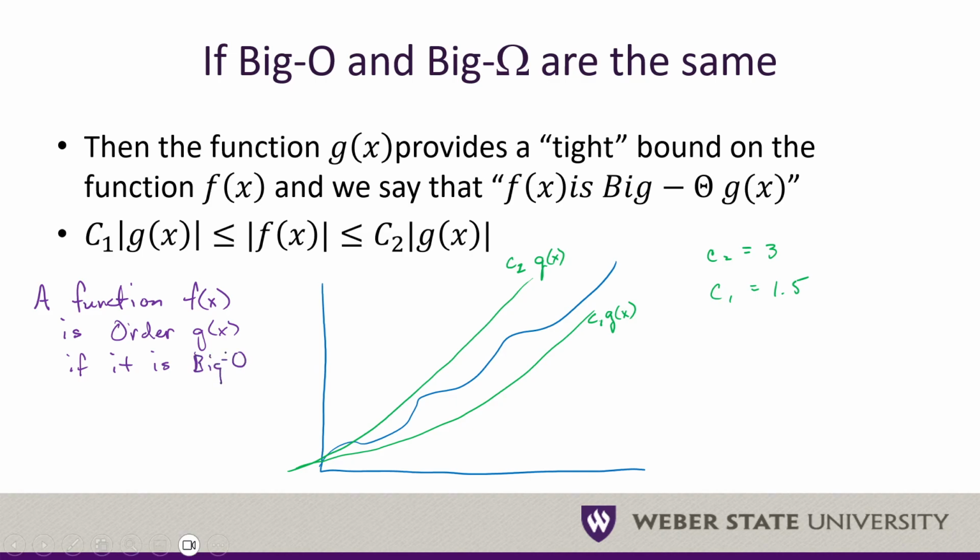We usually reserve the word order for big O, and a lot of times we'll say bound by g of x if it's theta g of x.